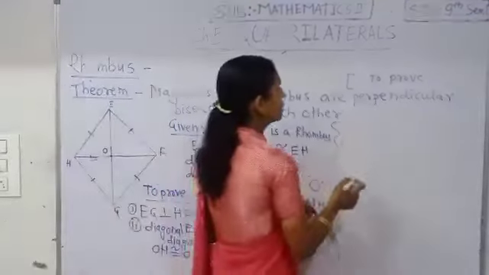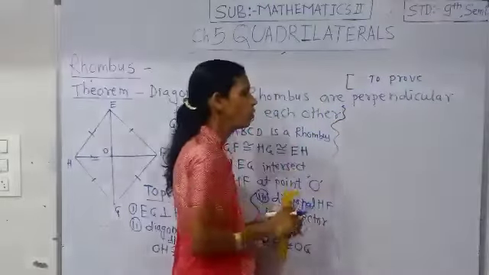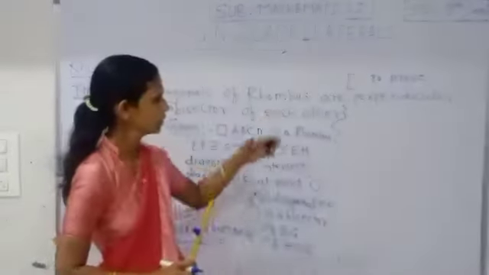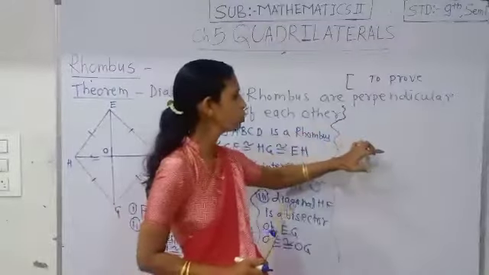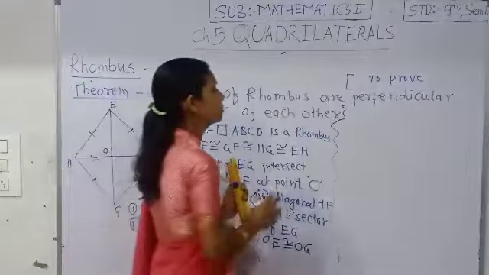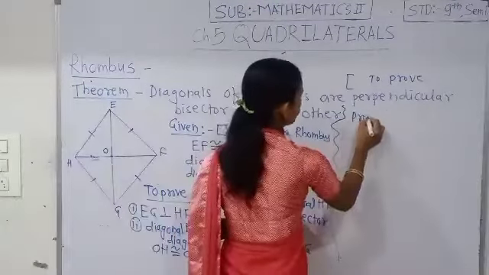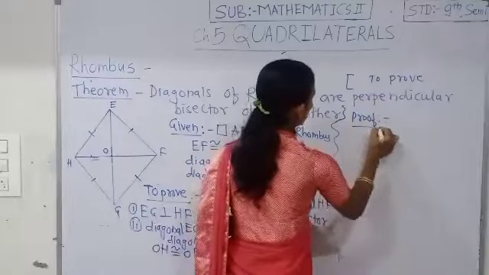Then on the basis of the properties which we have already known, on the basis of those properties we have to prove this theorem or property of rhombus. Then here is the proof which is given here.